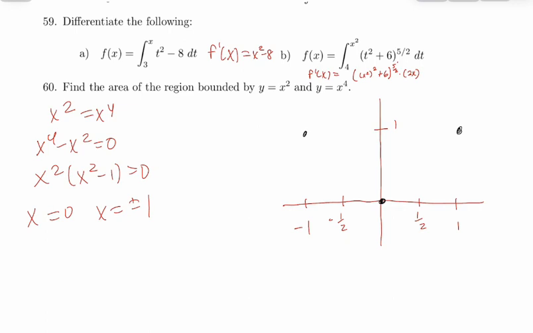Okay, let's think about if we square 1/2. If we square 1/2, we get 1/4. So our parabola, the x squared one, looks like that. But let's think for a moment if we 4th power 1/2. 1/2 times 1/2 times 1/2 times 1/2 is 1/16.